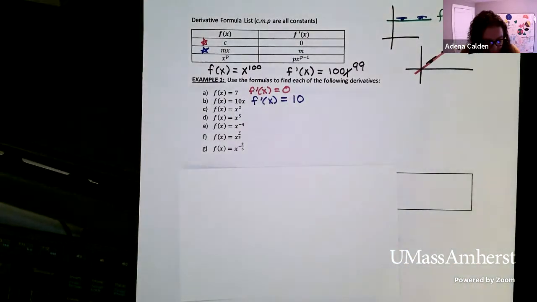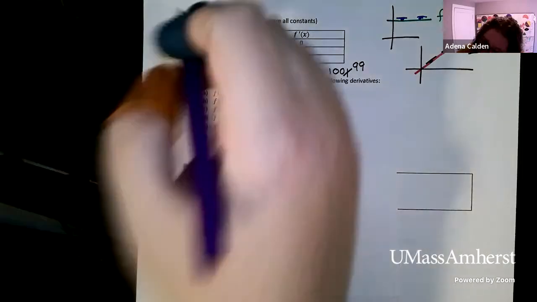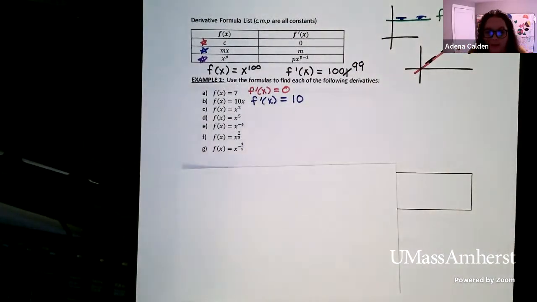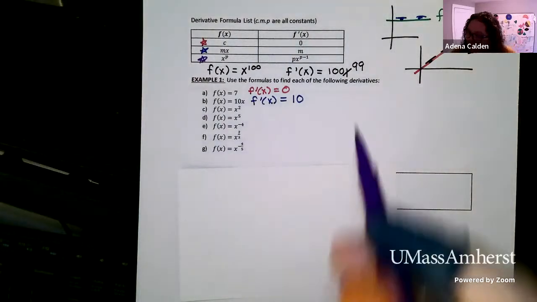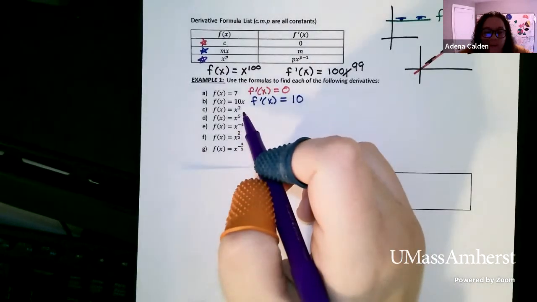So finally, for the next 1, 2, 3, 4, 5, all of these are in the form x to the p, where we have x in the base and it's raised to some power p. So we're going to be using the power rule for all the rest of these. Okay, so let's see what shakes out here.